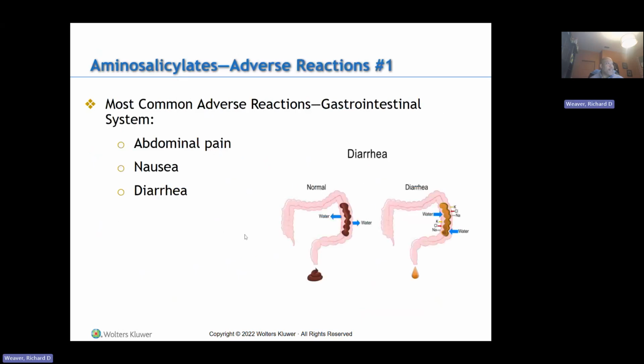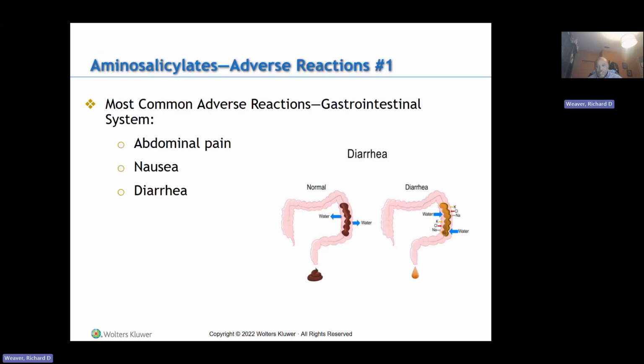So let's take a look at the most common adverse reactions. And I'm always glad when they say the most common, because that's what you're mostly tested on. They can list a whole lot of other signs and symptoms, but since these are the most common, you can, for the most part, expect to be tested on these.